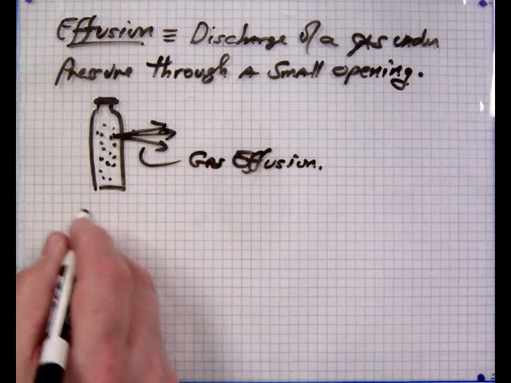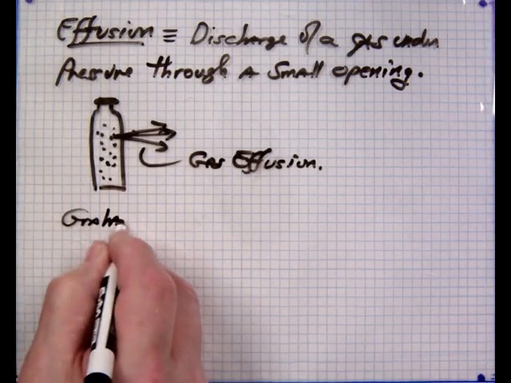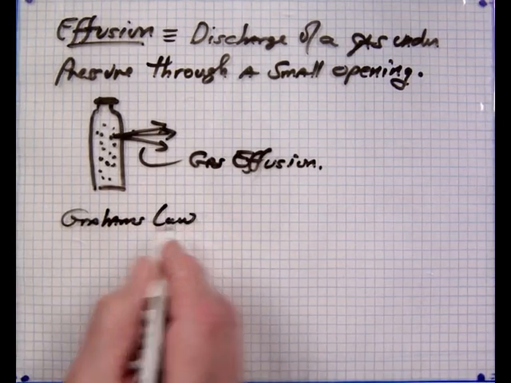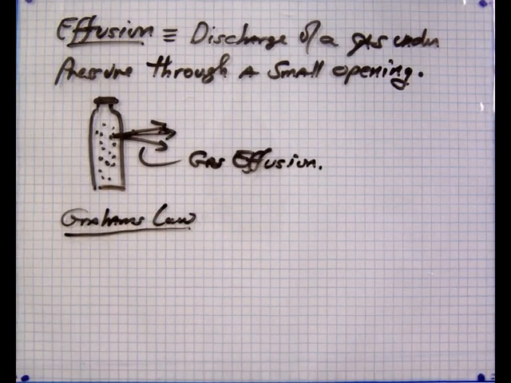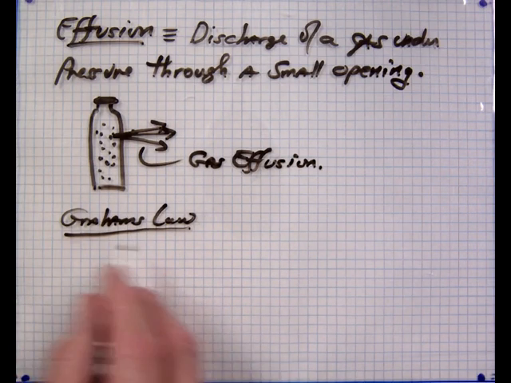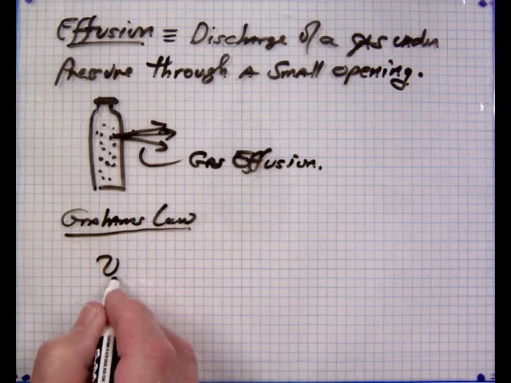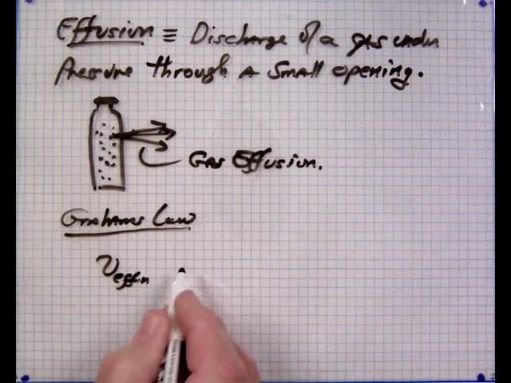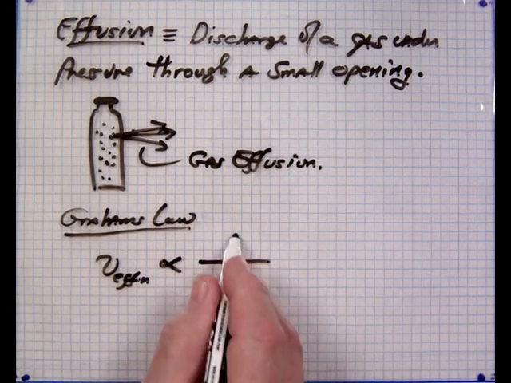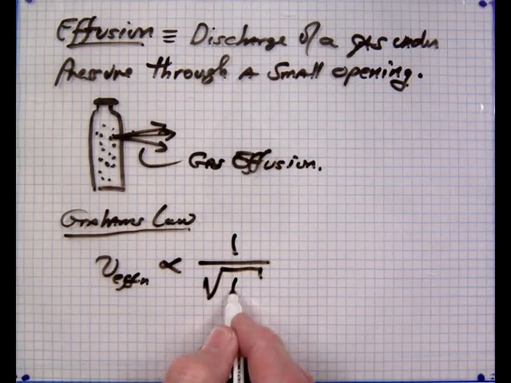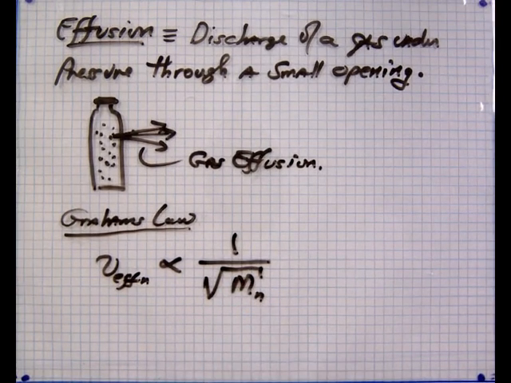Effusion is described by Graham's Law. There are a couple of problems that need to be presented here. One is the time of effusion, and two, a comparison between the velocity of effusion of two different particles. But to understand that, you have to understand that the velocity of effusion is proportional to 1 over the square root of the mole weight, the number average mole weight.